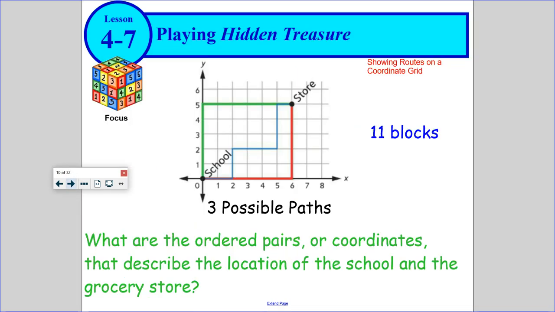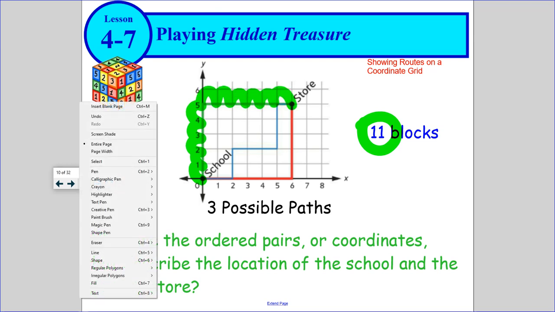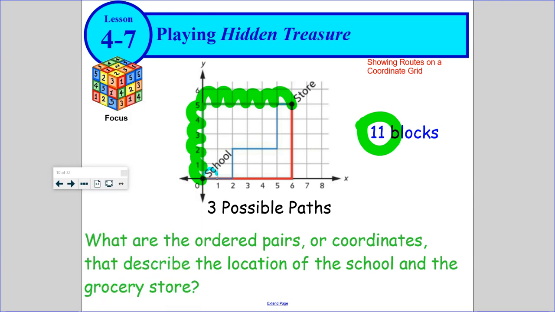Okay? Yep, 11 blocks. The reason we have that, here are 3 different options. We're going to go 1, 2, 3, 4, 5, 6, 7, 8, 9, 10, 11. I'll change the color again. For the blue, 1, 2, 3, 4, 5, 6, 7, 8, 9, 10, 11.